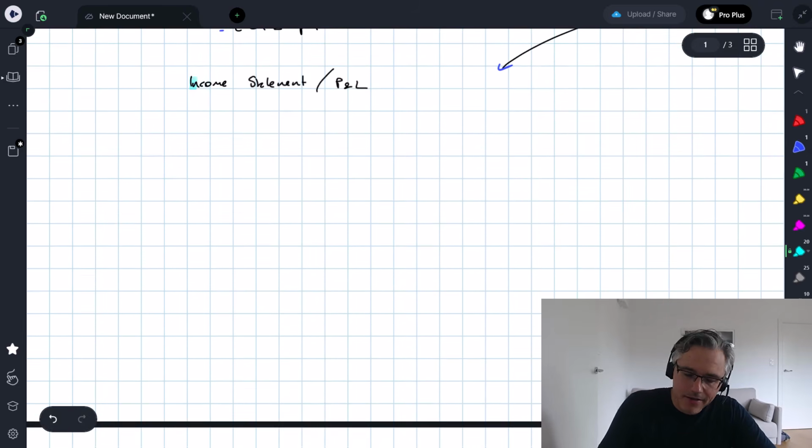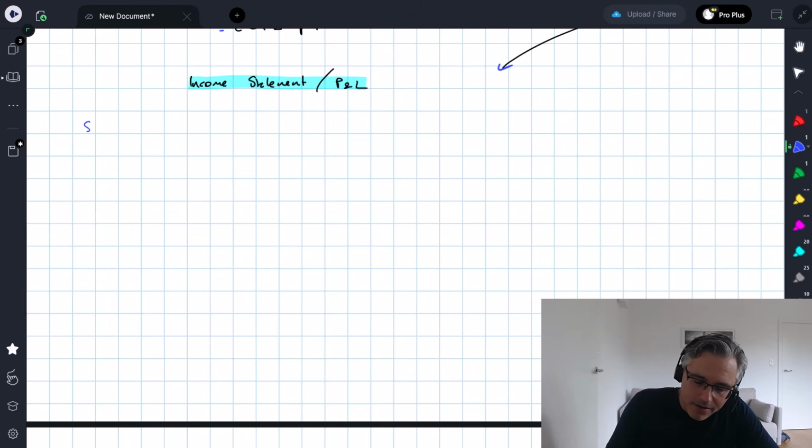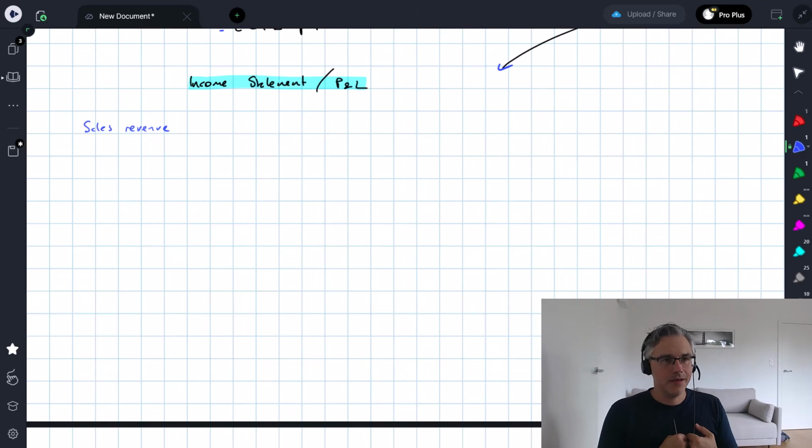And in our case, it's going to be very simple. That 84 came from the sale of goods. And the sale of goods generates sales revenue. Sales revenue is all about what your clients are supposed to pay. I'm not saying what they have already paid, because they may not have paid you in cash yet.